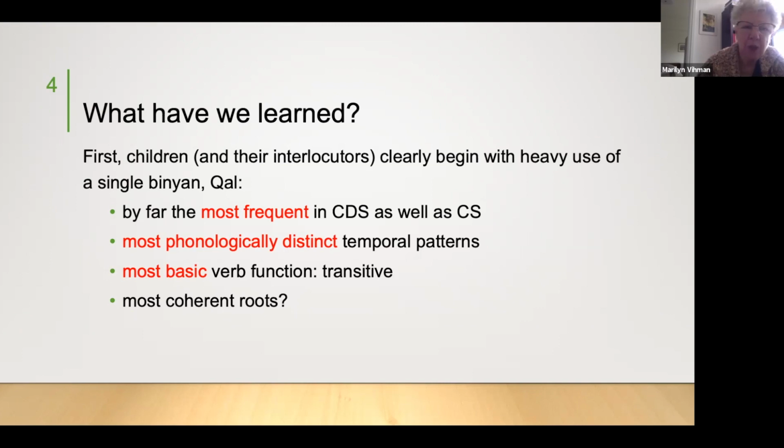And there was mention in one of the slides that the roots are the most coherent. I'm not entirely sure what that means. That could be a question for the speakers. I think it means that there are more different verbs that have related meanings within this conjugation. I'm not actually entirely sure about that.